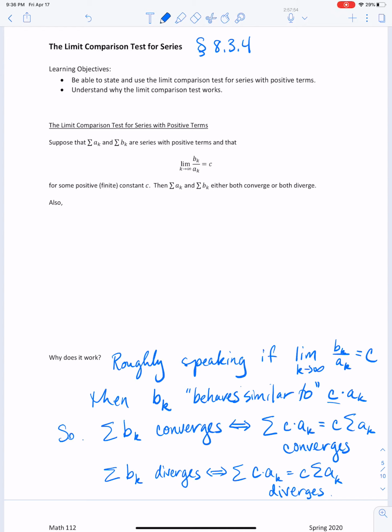Okay, so this is kind of a rationale for the limit comparison test.